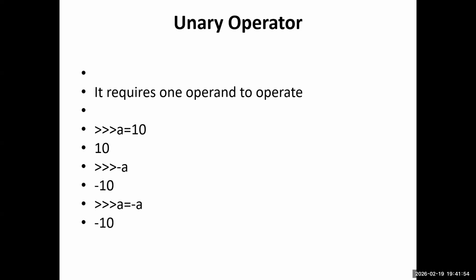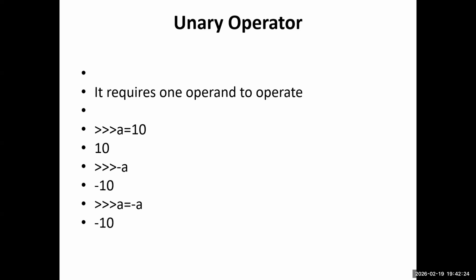Whatever variable or value is available on the right side of the equal operator is called an R value. The left side of the equal operator is called an L value. Most L values are output variables, and most R values are input variables.